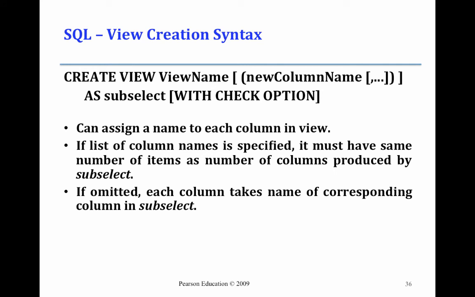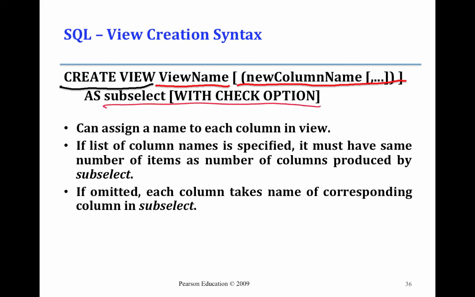So where we're picking up is with some of the view creation syntax and some of the restrictions and other things that go into views. Like last time, I'm not going to spend a lot of time on the syntax, but you do create it with the create view command. Then you give the view name. And then there's an optional column list that you don't have to include, but sometimes it has more meaningful names associated with it.